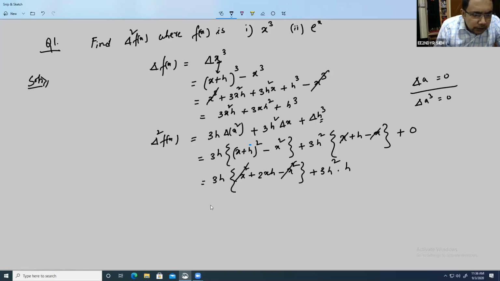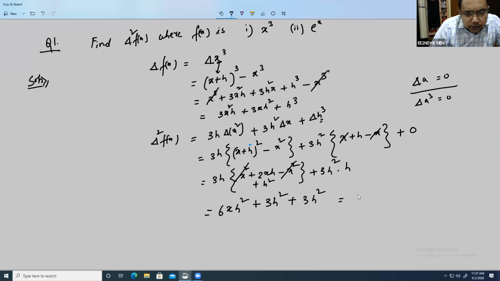So the only existing term is x square plus 2ab plus b square. Sorry, here will be another h square. So my existing term is 3 into 2 equals 6xh square plus 3h square plus 3h square.